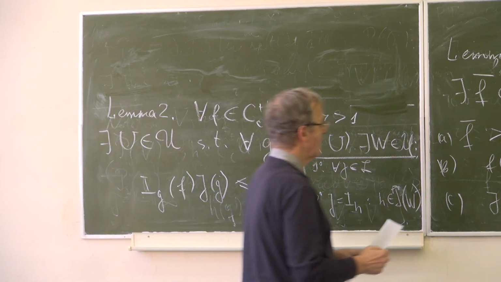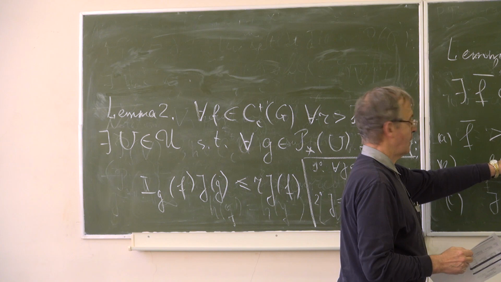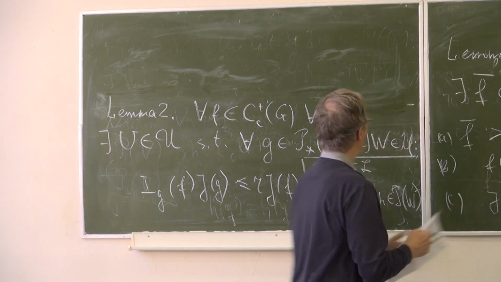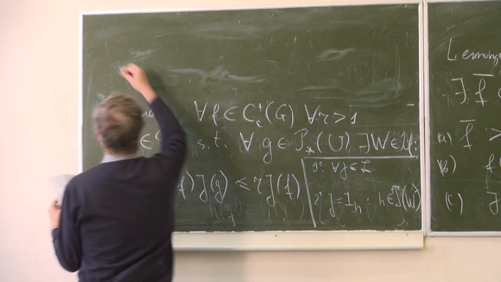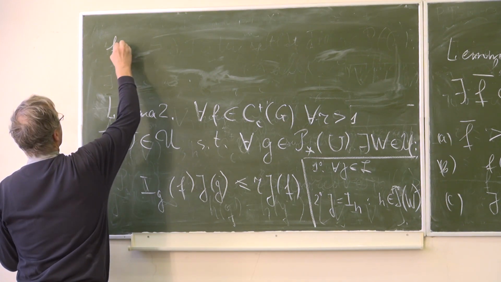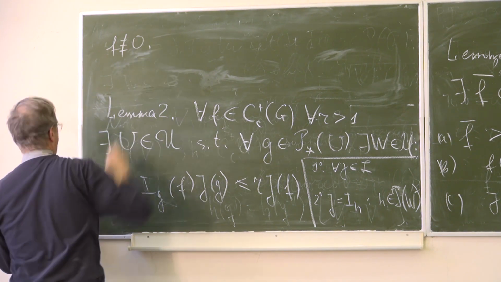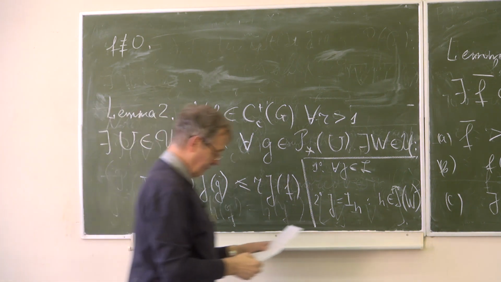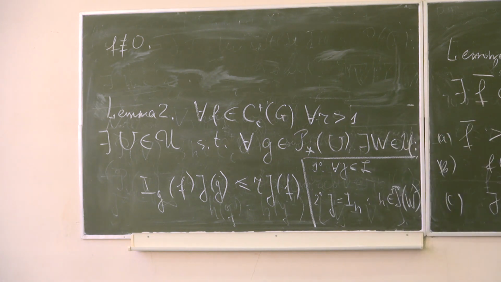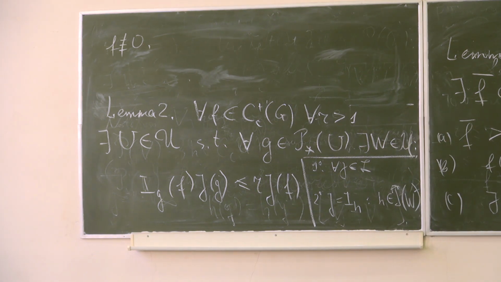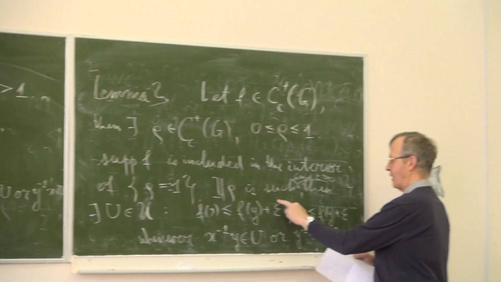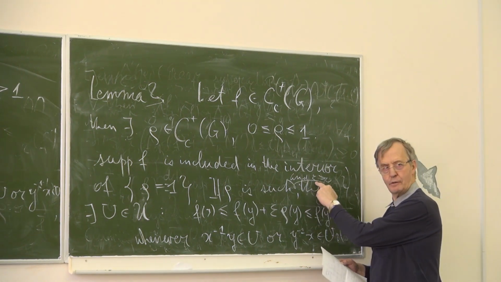Well, okay, if f is identical to 0, there is nothing to prove, of course. So we may assume that f is not identical to 0 without loss of generality, and take rho as in this lemma. But for this we should choose epsilon.